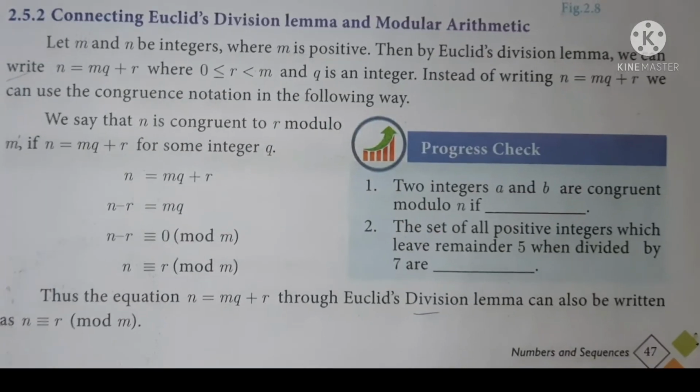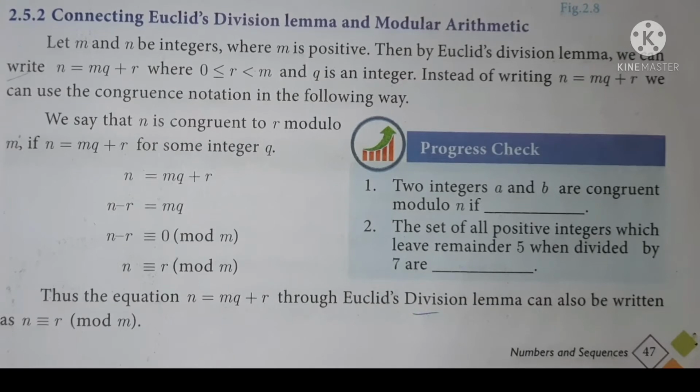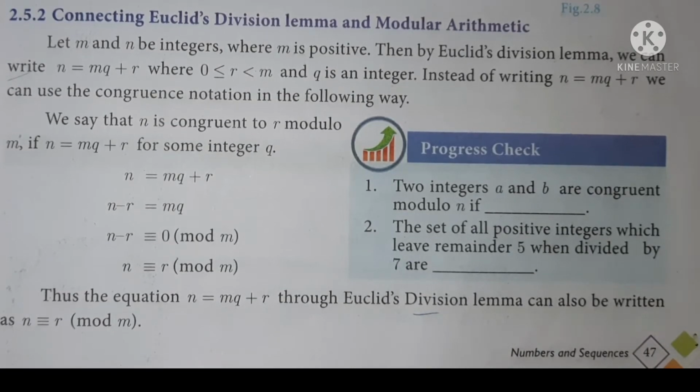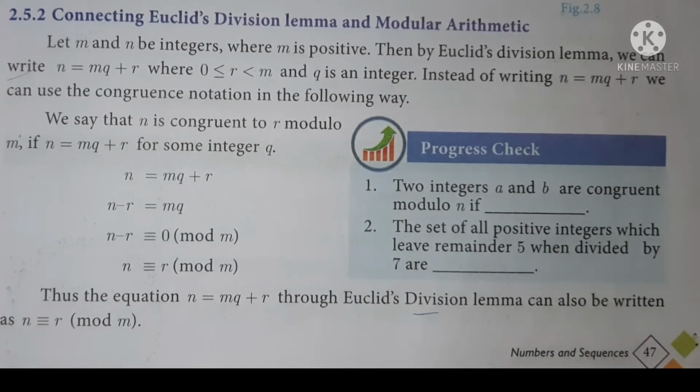Connecting Euclid's division lemma and modular arithmetic. Let m and n be integers where m is positive. Then by Euclid's division lemma we can write n is equal to mq plus r. Here n is the dividend, m is the divisor, q is the quotient, r is the remainder, where r is greater than or equal to 0 and less than m, and q is an integer.